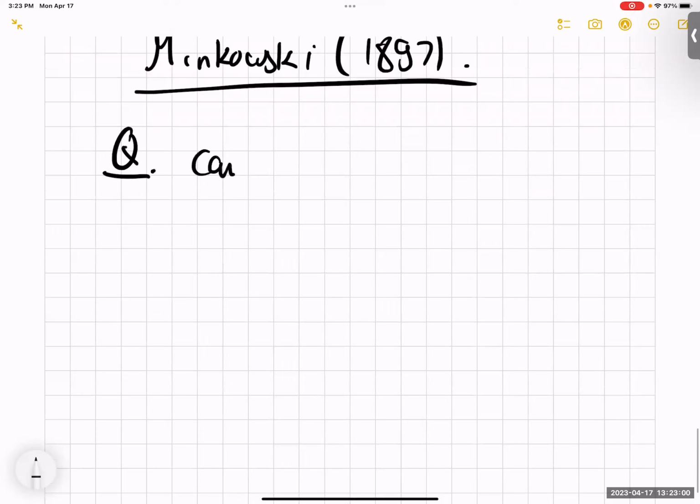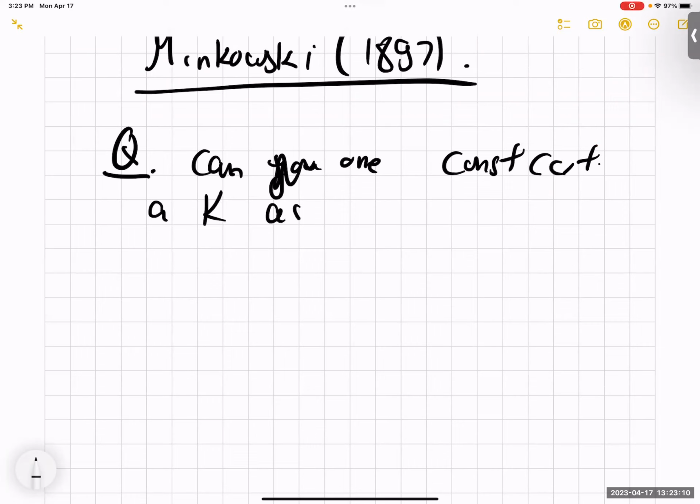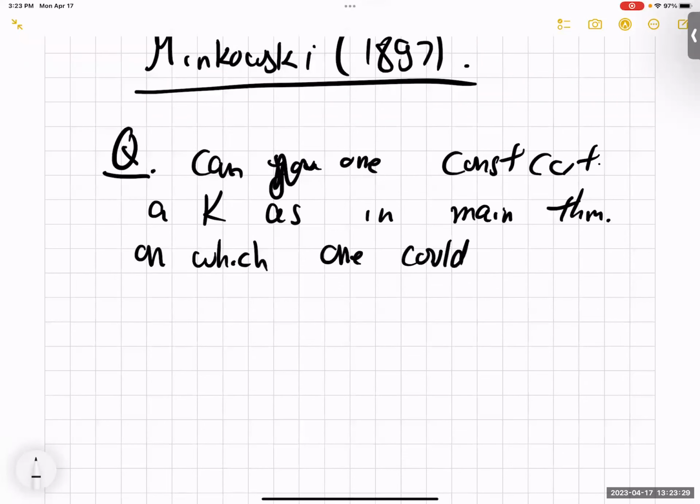So, question: can one construct a K as in the main theorem, an integer parallelotope with surface area up to little o terms of root n, on which one could optimize efficiently?